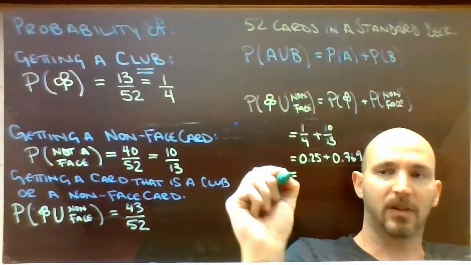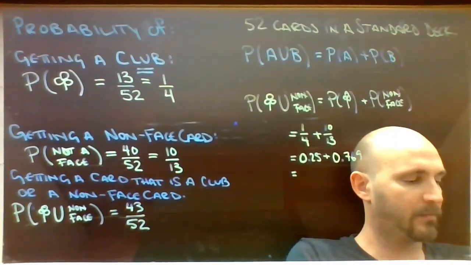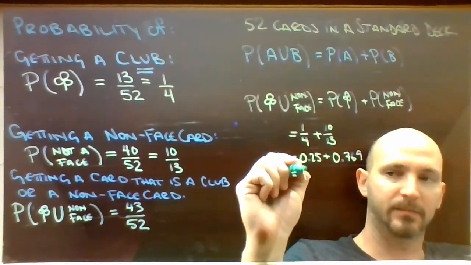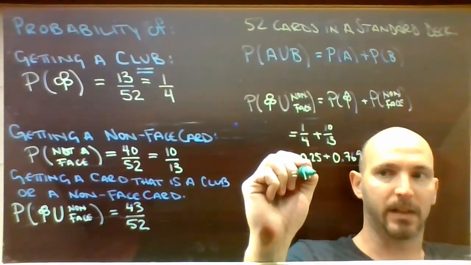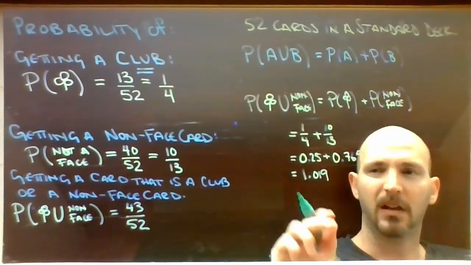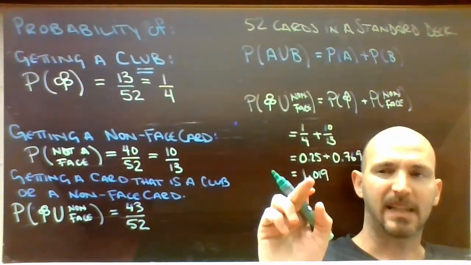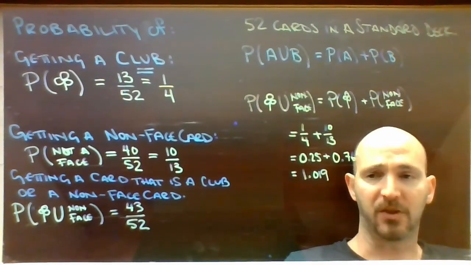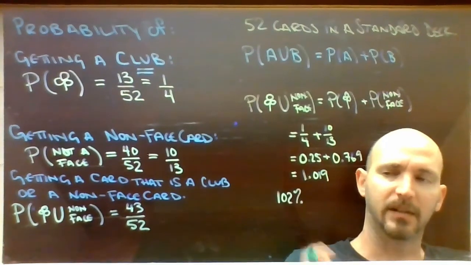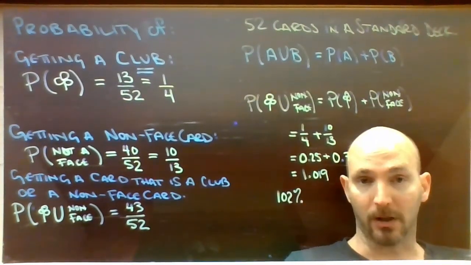And if I add those, I get 1.019. That's a 101.9% chance. So round that just for fun. That's a 102% chance. That's wrong.